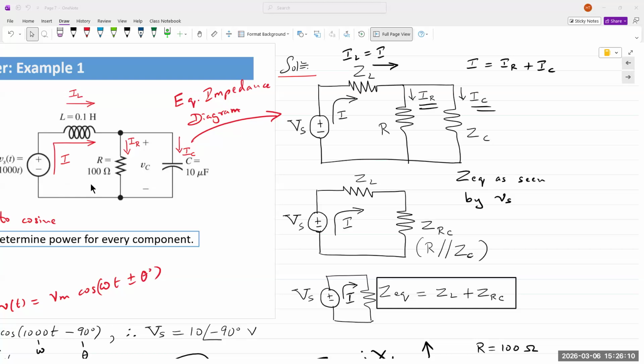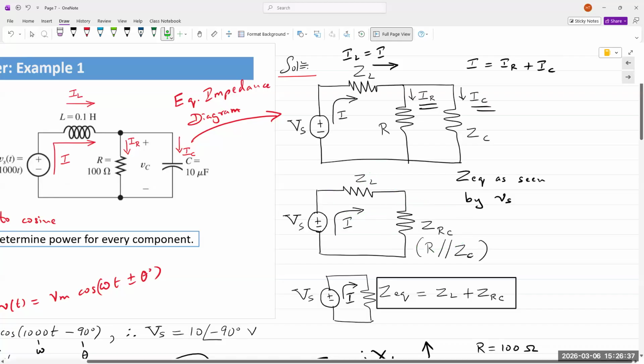Okay. All right. Since I'm trying to solve and explain all methods, I'm also going to do the other way, where we determine the current that is flowing through the circuit, not just the voltage. If I look at the current flowing through the circuit, it's flowing through ZL and ZRC.